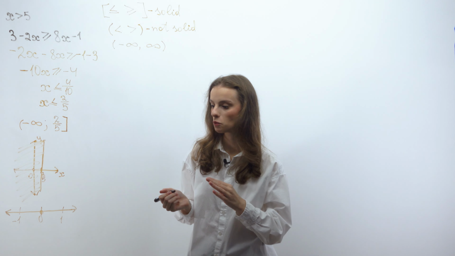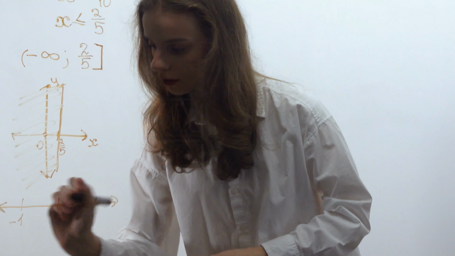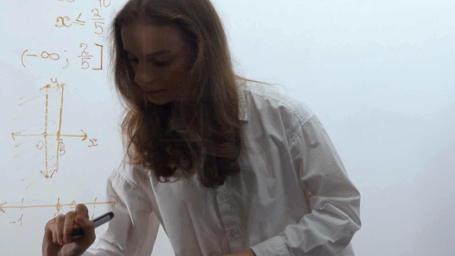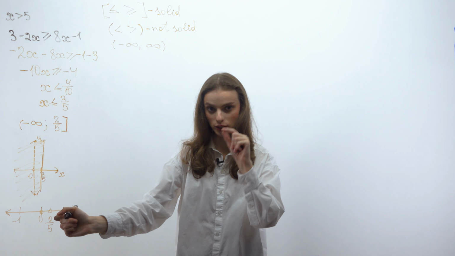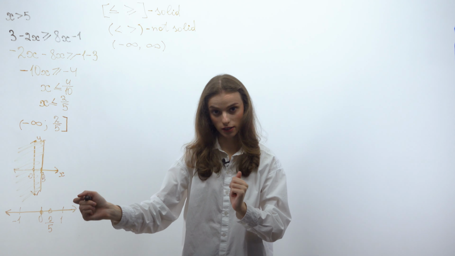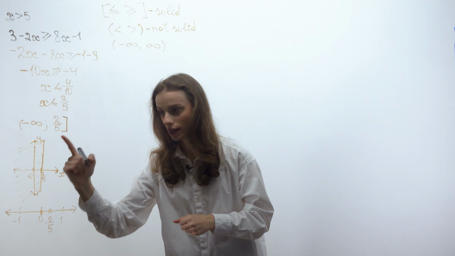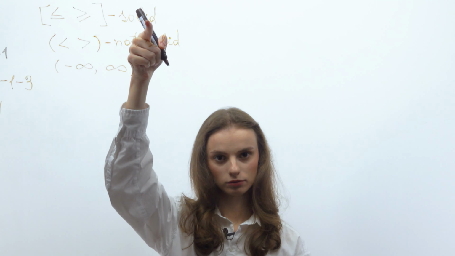It should be somewhere in the middle, but actually closer to 0, somewhere here. But look, here's an issue. When you see 2/5, you need to put a dot, like a little point. Point can either be empty or solid. In this case, since we have less or equal to, it needs to be solid. You see, solid.